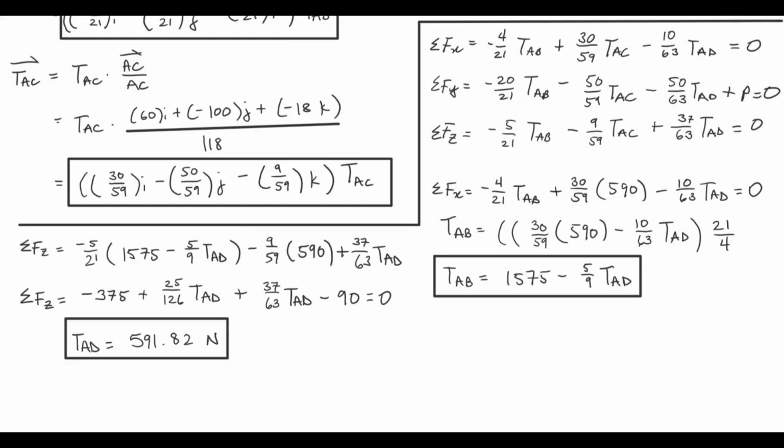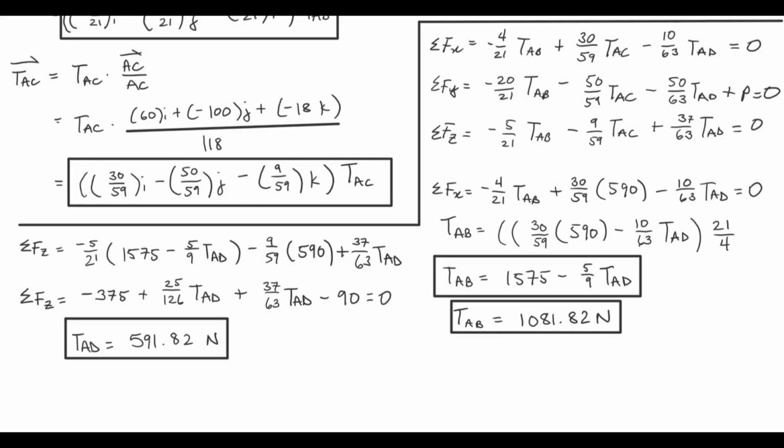So solving for tension AD, we end up with 591.82 newtons. So tension AB is equal to 1081.82 newtons.